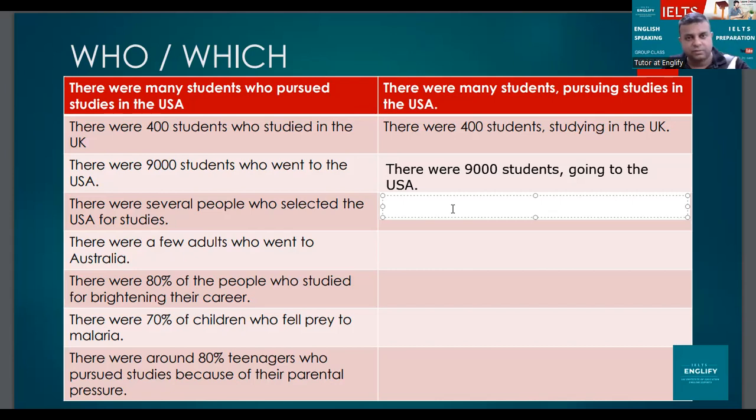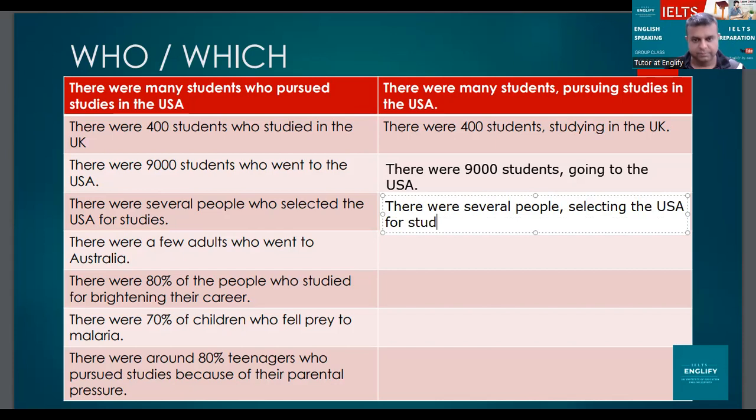So we just replace who with a comma, and the verb that is in past participle, we just make it a gerund. So there were several people, comma, selecting the USA for IELTS, for work, for studies. That's your sentence for us.